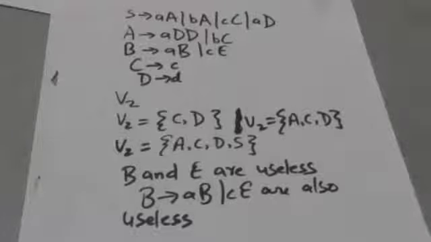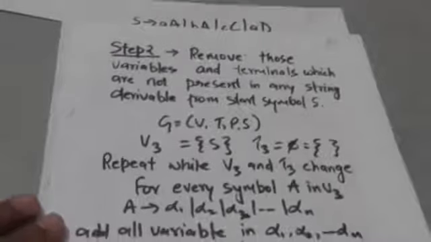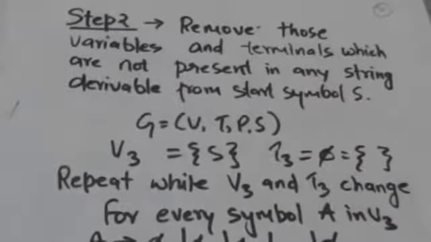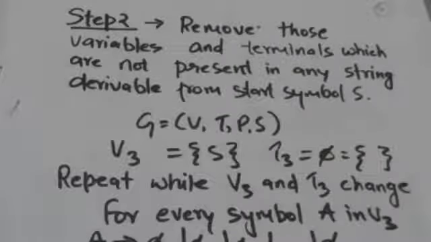In step 2, we remove those variables and terminals from the grammar which are not present in any string derivable from start symbol S, and remove those productions which involve these variables and terminals.